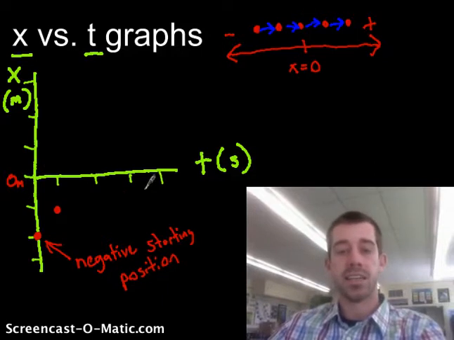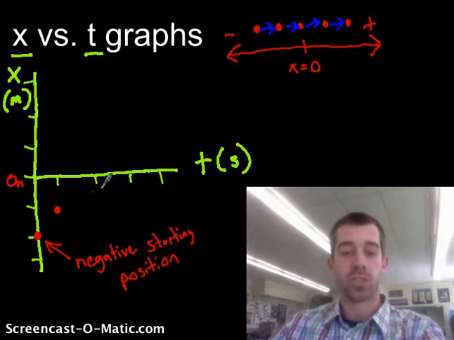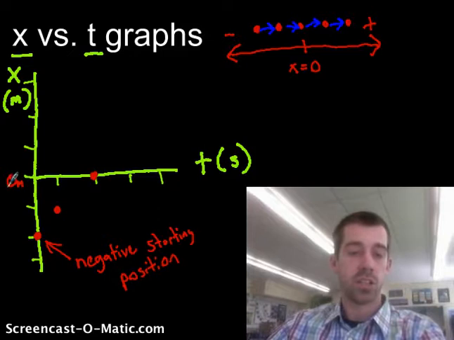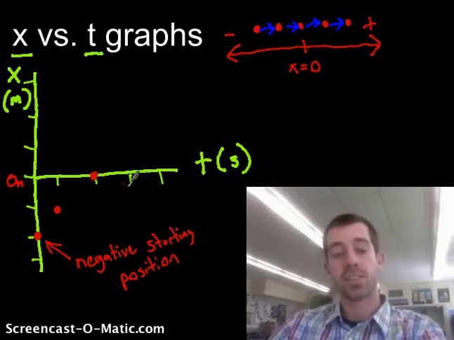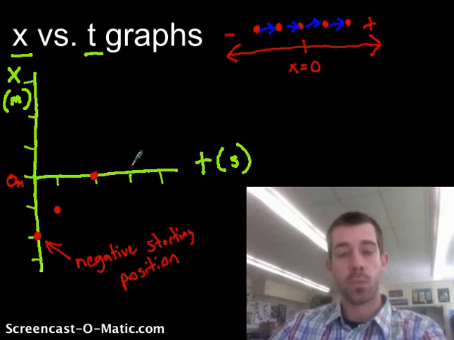The next second, it's actually reached the origin. So for time 2, this represents 2 seconds. I'm going to place it at a position of 0 meters. So this is 0 meters and 2 seconds. For the next second, represented right here, it's now past the origin. It's over there. And for the next second, it's going to be over there.